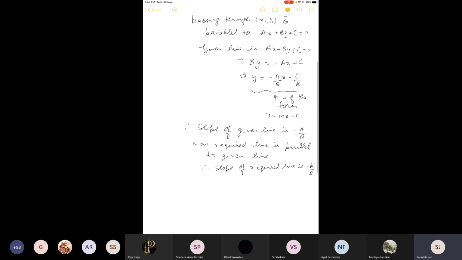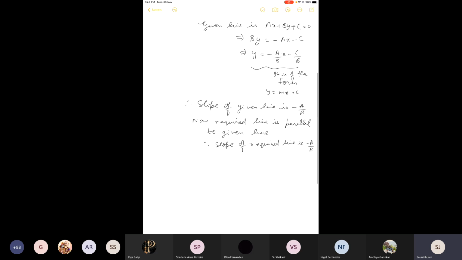And this required line is also passing through the point x1, y1. Hence we can write its equation. Equation of required line will be, because we have its slope and a point through which line is passing, y minus y1 equals m into x minus x1. So here we are using point slope form.